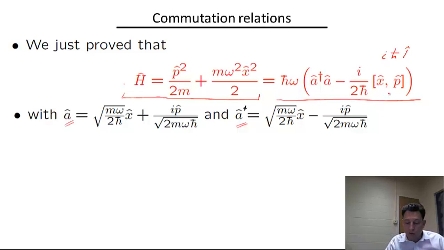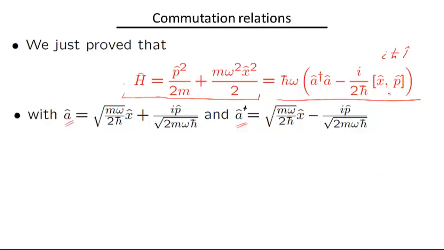To see this, we can go to the position representation, where x times p acting on a wave function psi of x is equal to x, which is just a multiplication operator, followed by minus i h bar d over dx acting on psi.